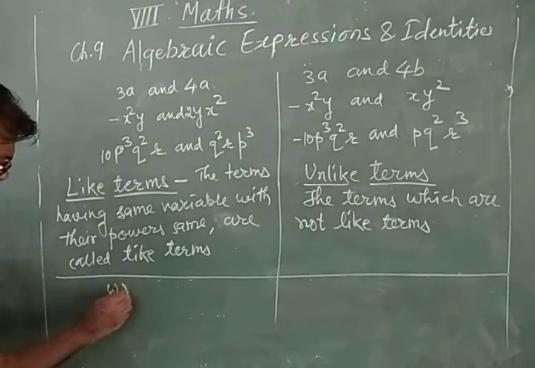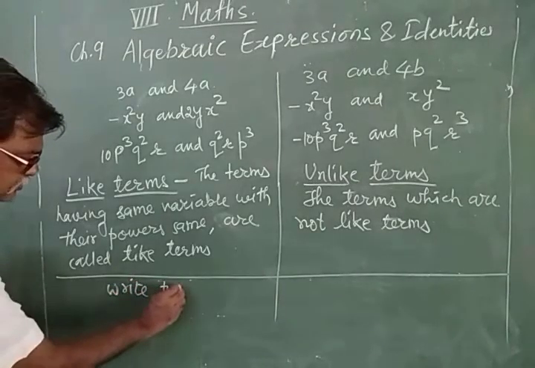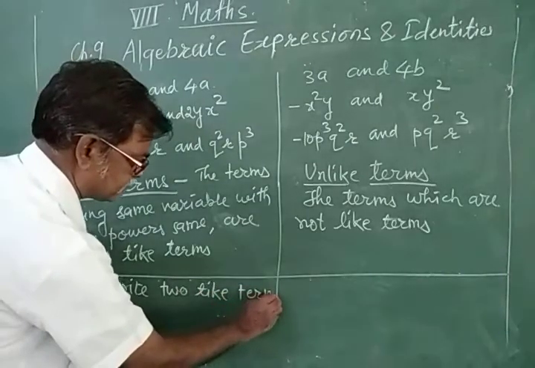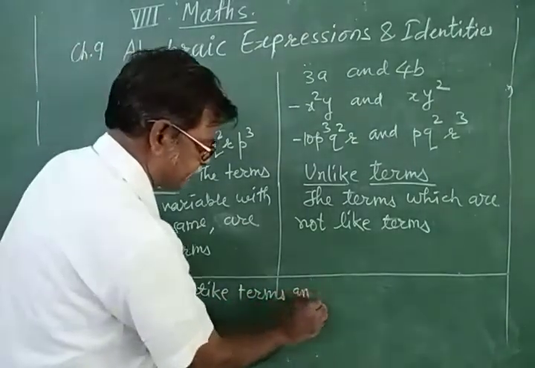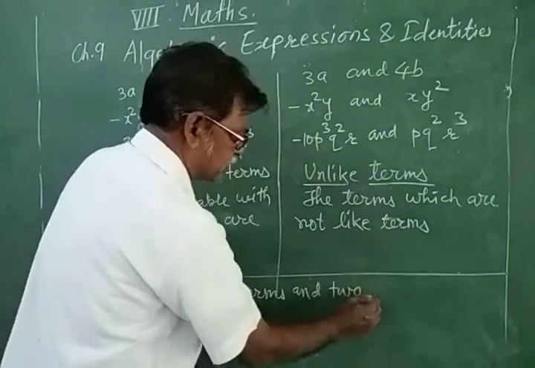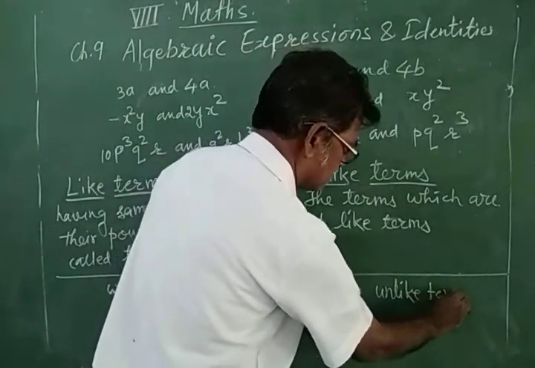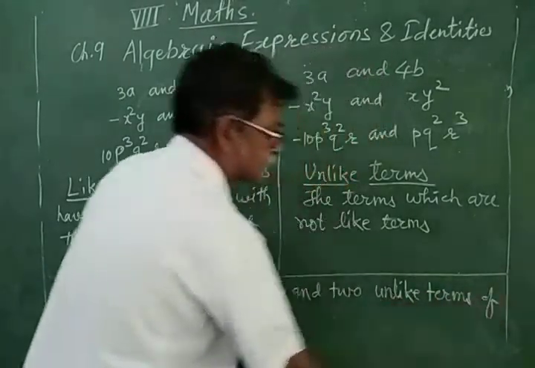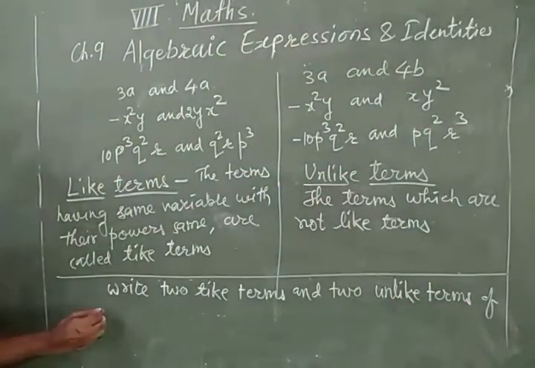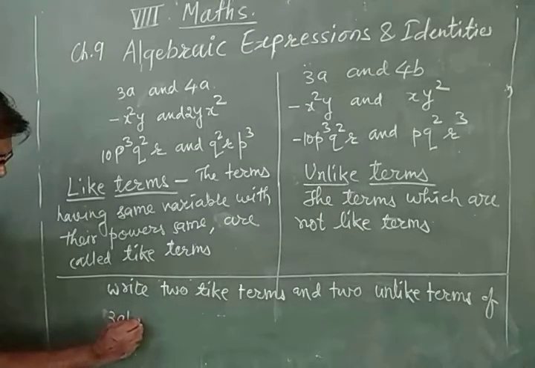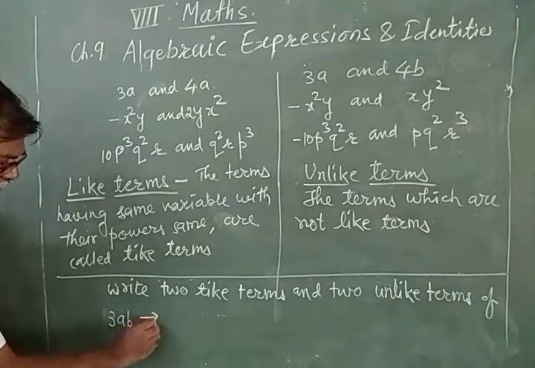Now, here is one example. Write two like terms and two unlike terms. 3AB like terms.